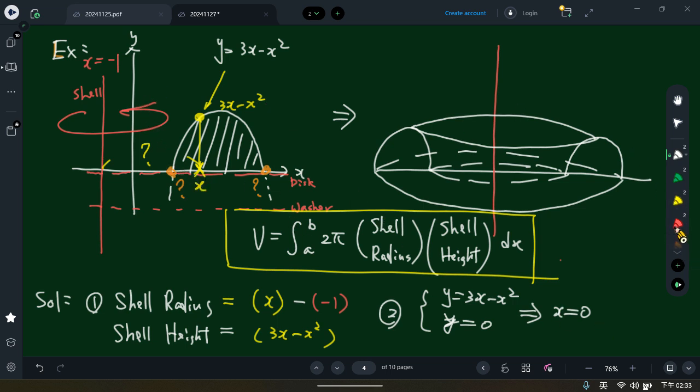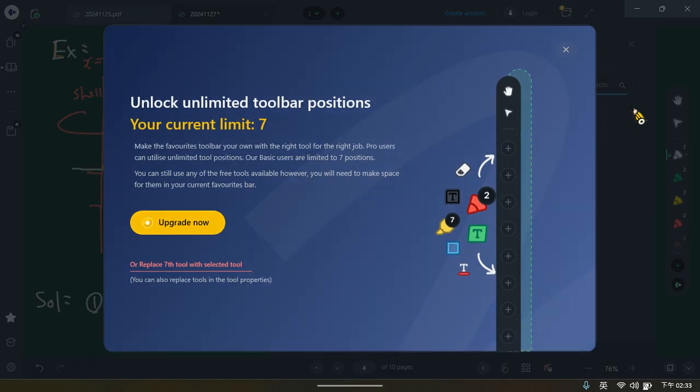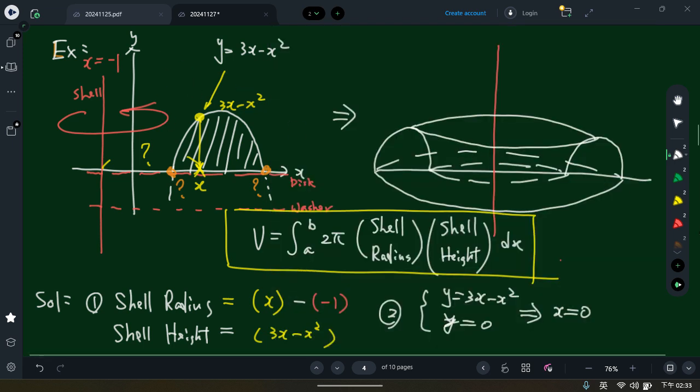So the x-axis should be here. Sorry, this is my mistake.